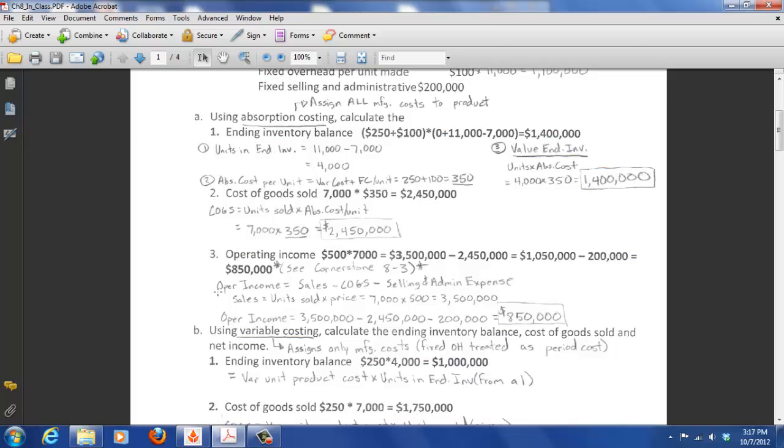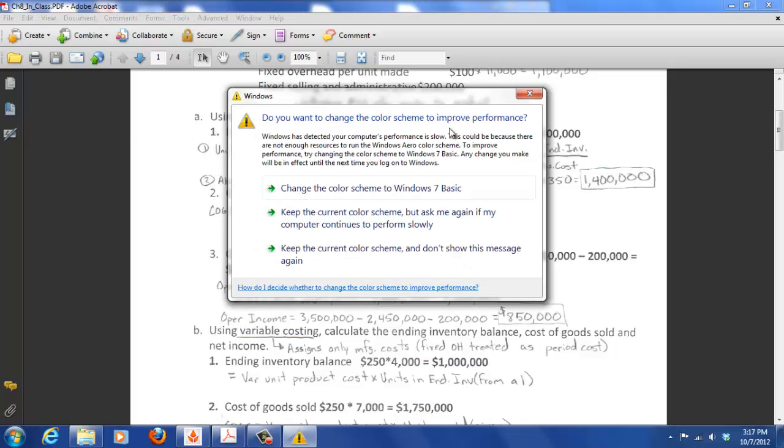For operating income under absorption costing, we're going to have our sales minus the cost of goods sold minus the selling and administrative expenses. First off, we can calculate our sales. We know from before that we sold 7,000 units.